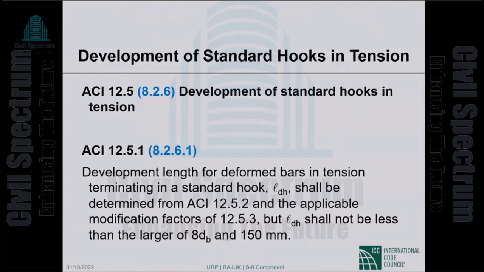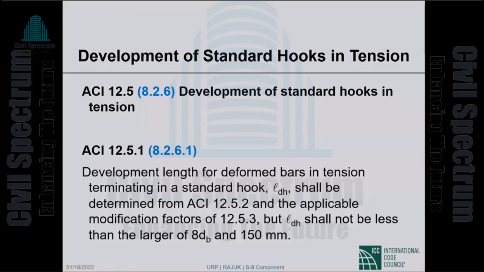So required development length in tension, required development length in compression. Now development of standard hooks in tension. Okay, standard hooks are defined in ACI 318, and we may go into that a little bit on one or two of the slides. So development length for deformed bars in tension terminating in a standard hook.